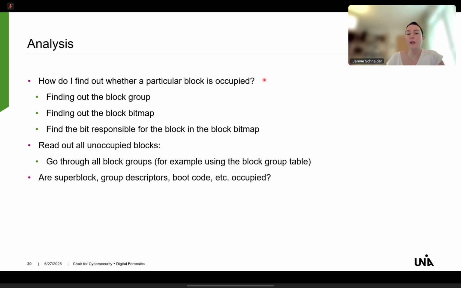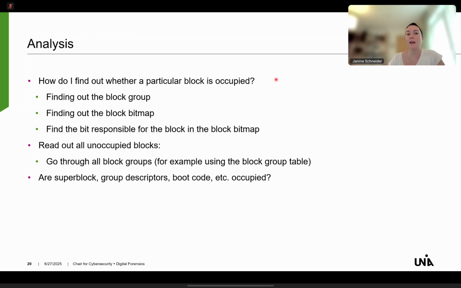Okay, so in order to analyze content data, or to answer specific questions about content data, for example, how do I find out whether a particular block is occupied, we have to process certain steps. We first have to find out which block group the block belongs to. Then we can check the block bitmap and find the bit that represents the allocation status for that block.